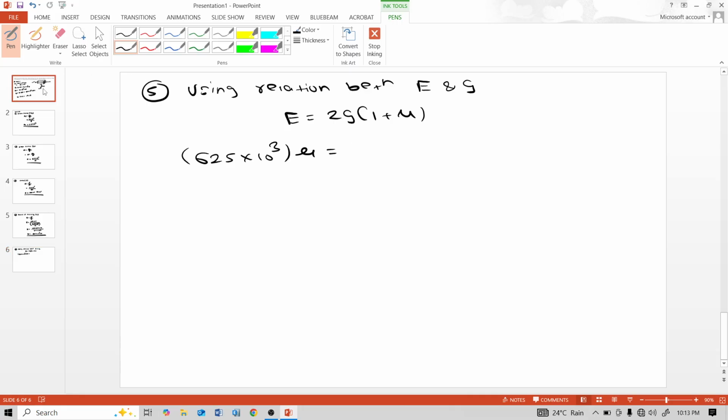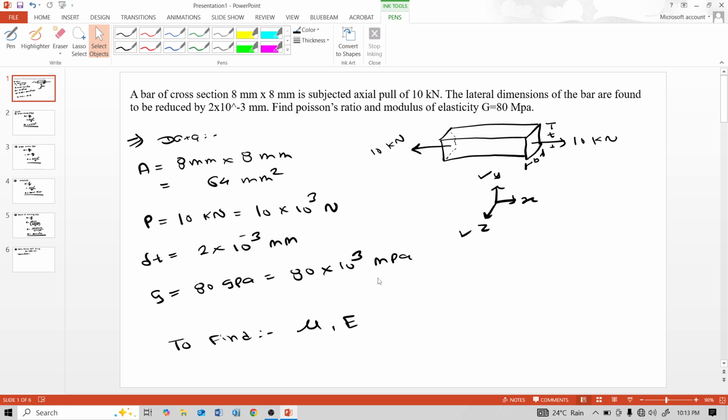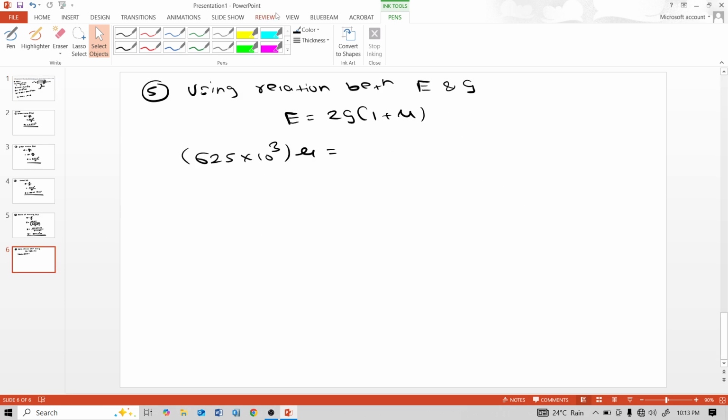This G, see in the numerical, G is 80 into 10 raised to 3, and 1 plus mu.